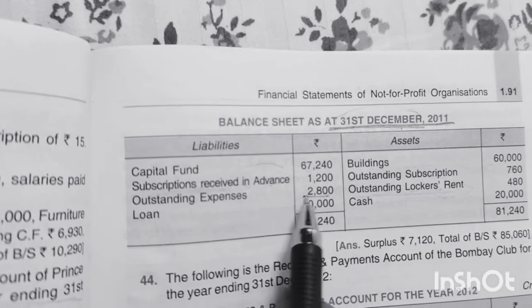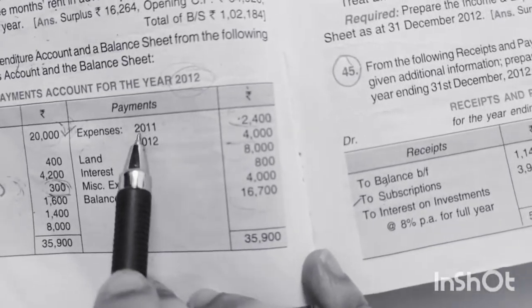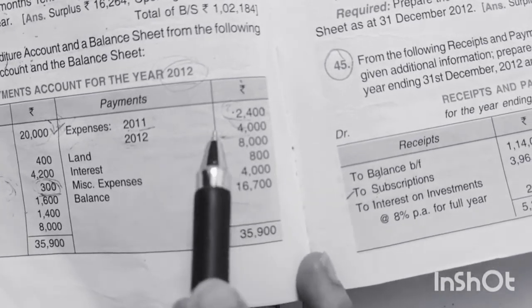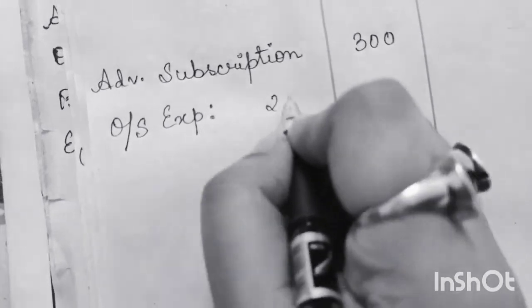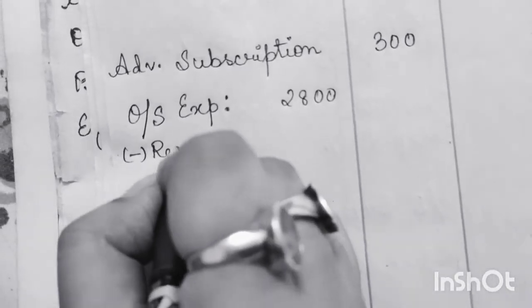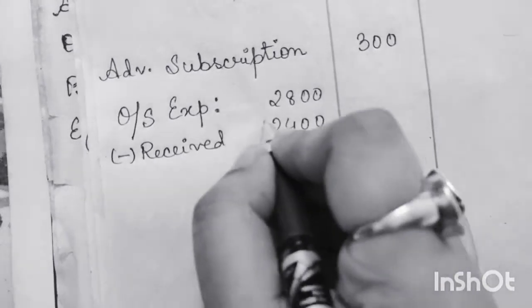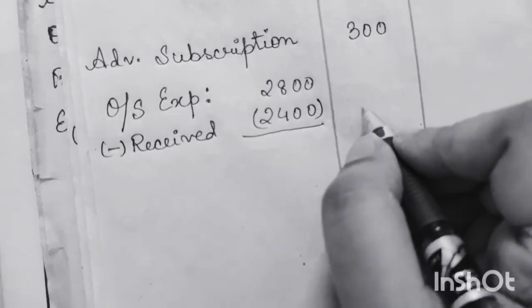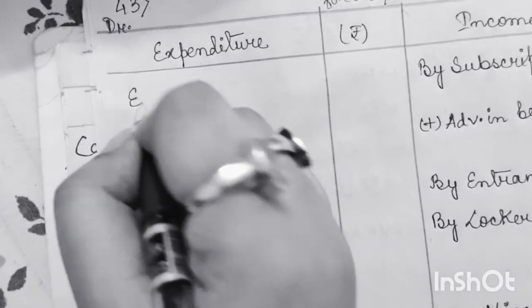In the beginning of the year 2800 was due, but in the current year we have already paid 2400 for 2011, so that one will be deducted. Outstanding expenses 2800 was due in the beginning, less 2400 paid, so still 400 is due. And on the expenditure side we will record expenses.